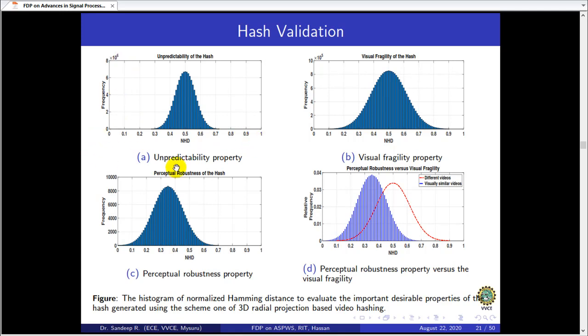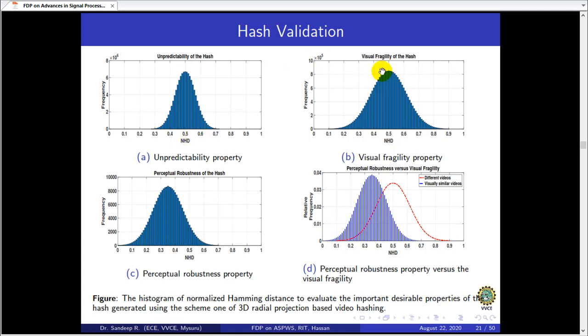The Y-axis is the frequency. You can see that this resembles the Gaussian distribution with a mean of 0.5, and it is distributed roughly around 0.3 to 0.7. So we can say that yes, most of the values are concentrated around 0.5 as expected from the property.